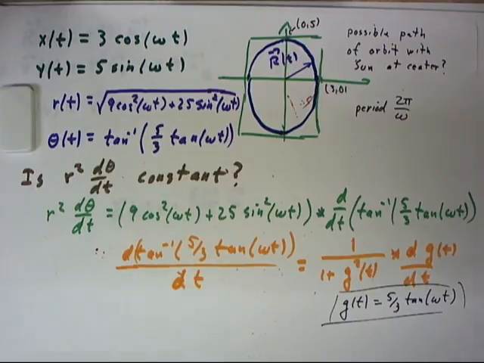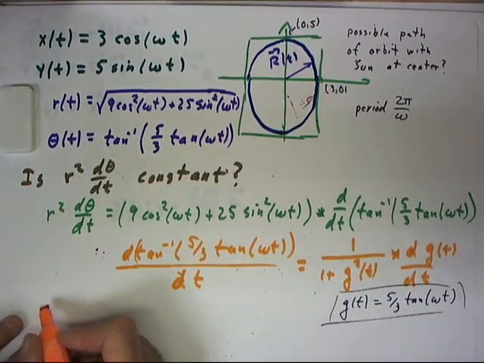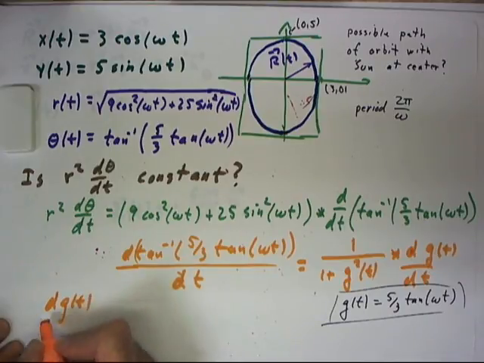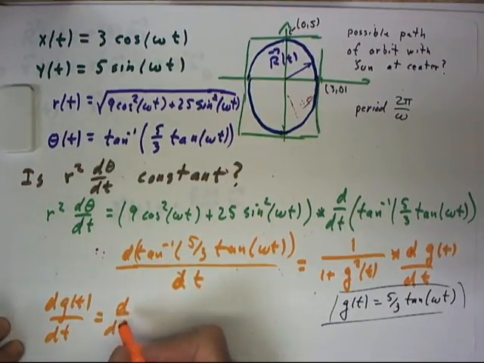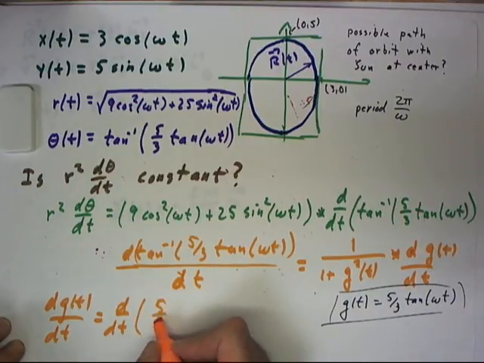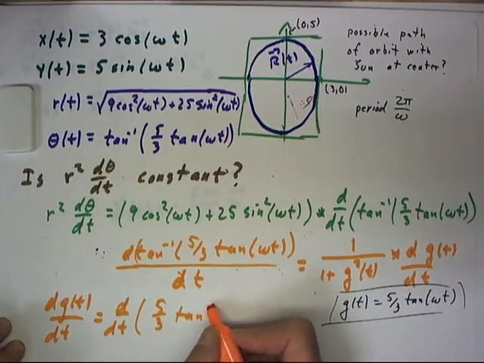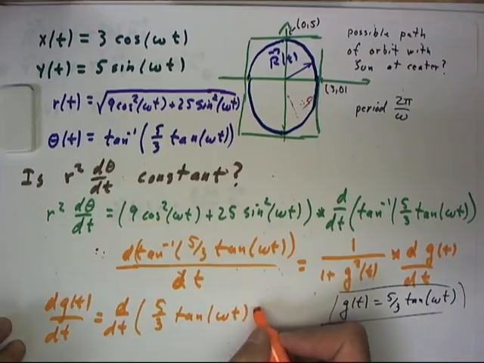So what's dg dt? Well, let's try that. dg dt is the derivative with respect to t of 5/3 tangent of omega t.